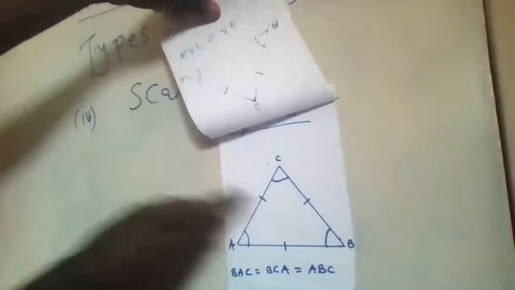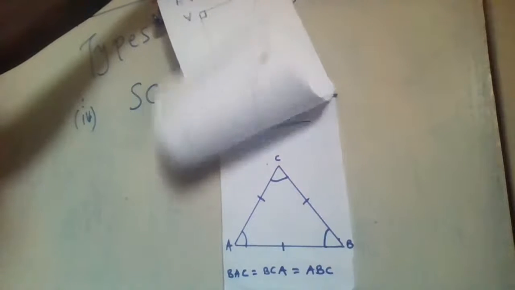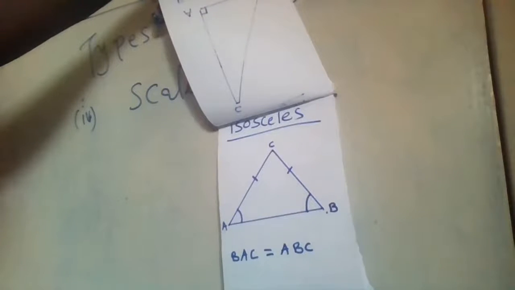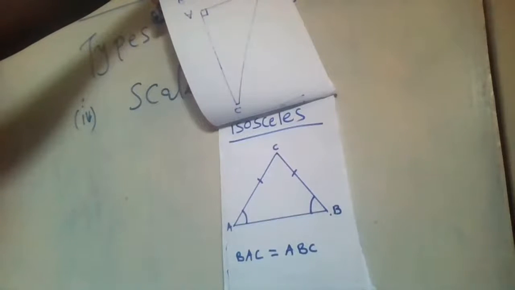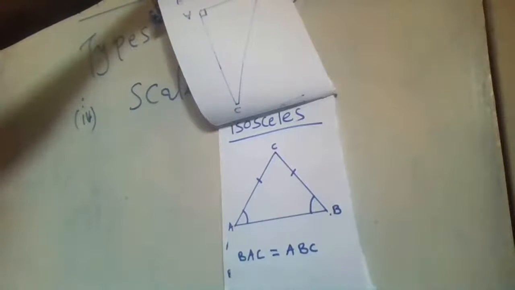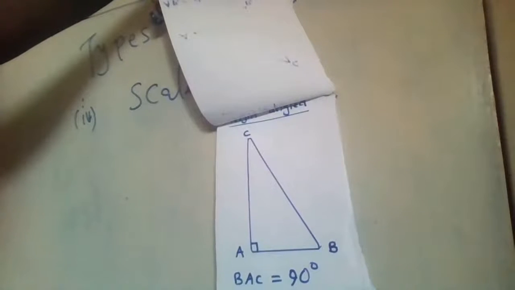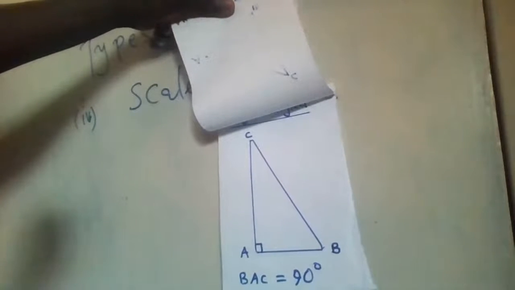The first one was an equilateral, all the sides are equal and all the interior angles are equal. Second one is an isosceles, where 2 adjacent sides are equal, producing 2 equal base angles. Third and second last was a right angled triangle, where one of the interior angles is 90.